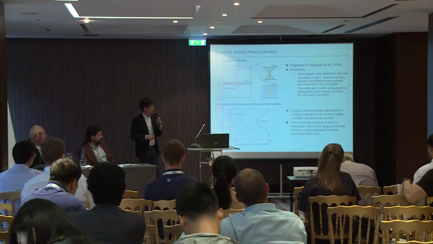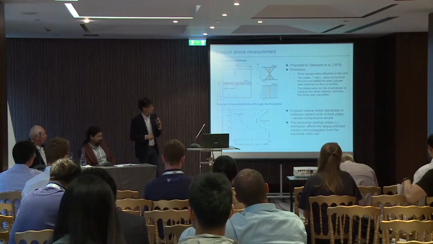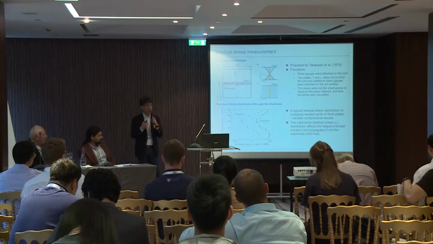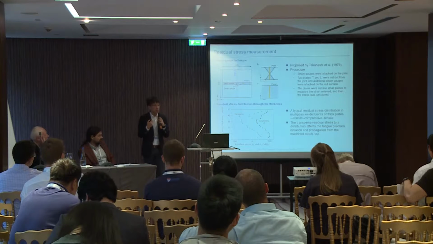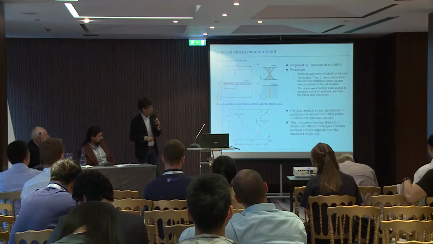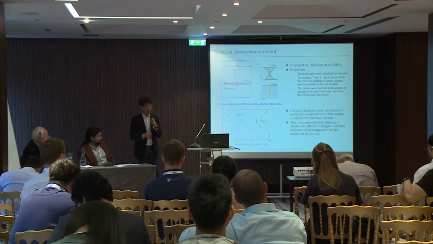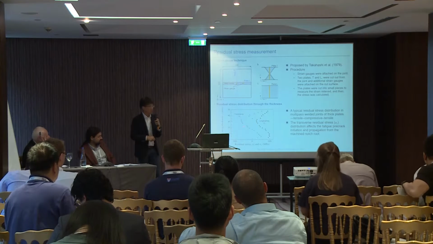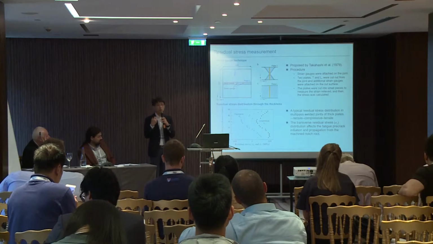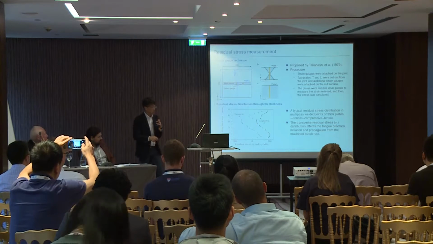So the component in transverse direction, the residual stress in transverse direction is important to the propagation of fatigue pre-crack. So the residual stress in transverse direction is tension at the top and the bottom surface and compression in the mid-thickness. So this will retard the fatigue pre-crack extension at the mid-thickness.